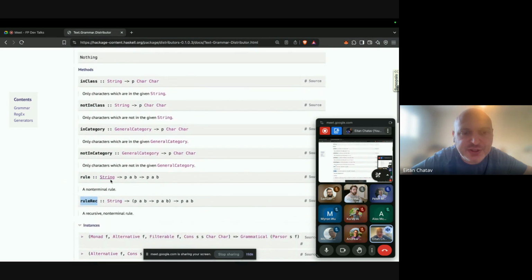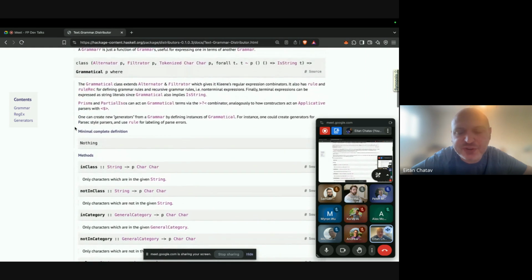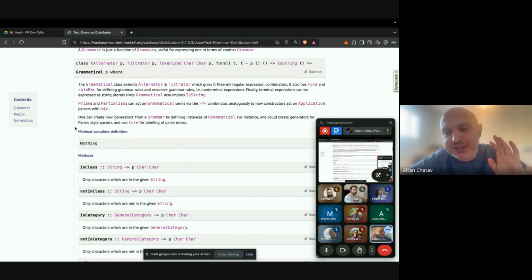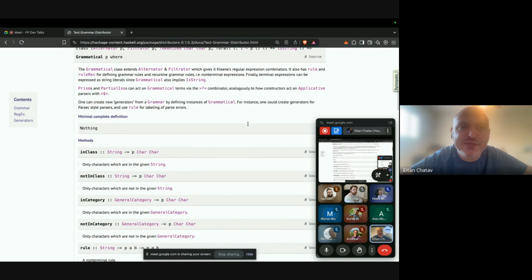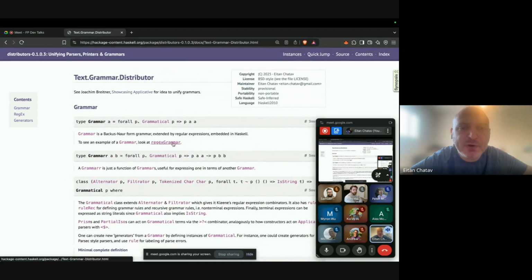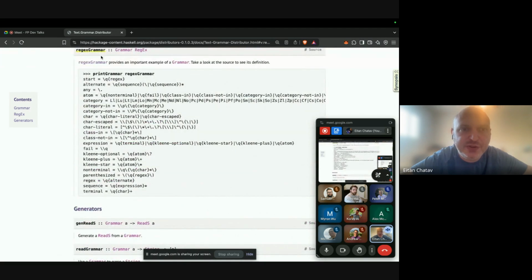So you can see how these are giving us an embedding in Haskell of our EBNFs, which are extended by regular expressions. And we can see a very useful example of a grammar in this grammar for regex. We already saw what it looks like, but let's see what it looks like embedded in Haskell.